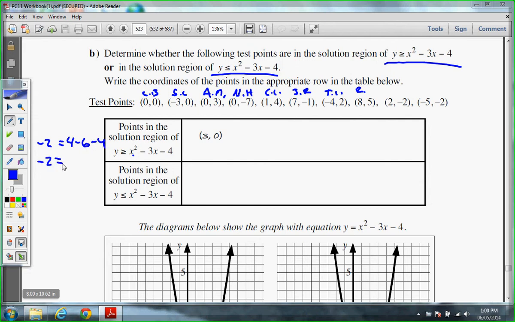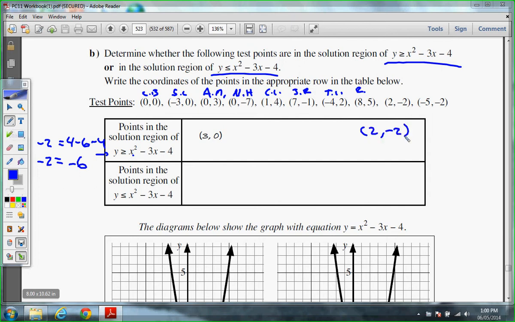So negative 2 equals negative 6. Which one is bigger? The negative 2 is, right? It's bigger. So that means this one goes up here for the bigger graph, the greater than or equal to. Does that make sense? The left side's bigger. Since this side's bigger, y is bigger. So the one I just did is going to go over here. (2, negative 2) is in this box.